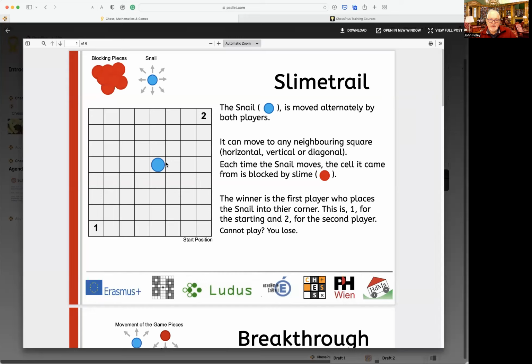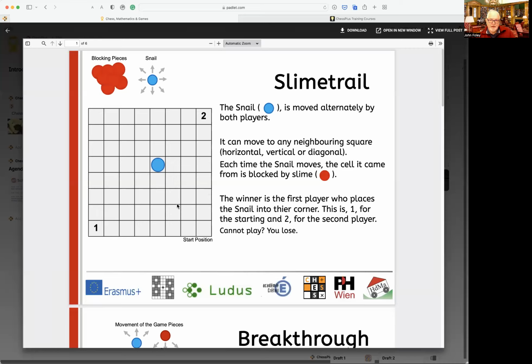And the thing is, you can't go on the same square twice. So once you've been on the square, you have to leave a little mark. And then the next square, leave a little mark. So as a result, this set of marks or trail builds up, hence the term slime trail, and the reference to the snail.